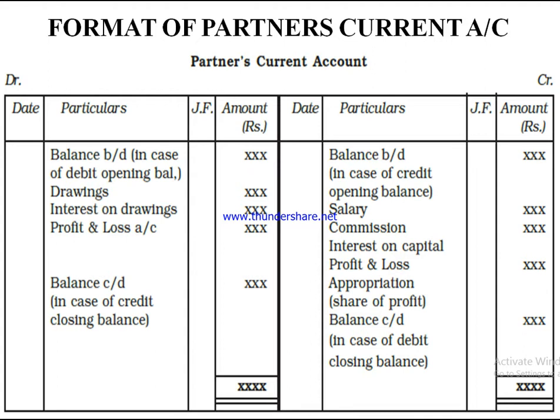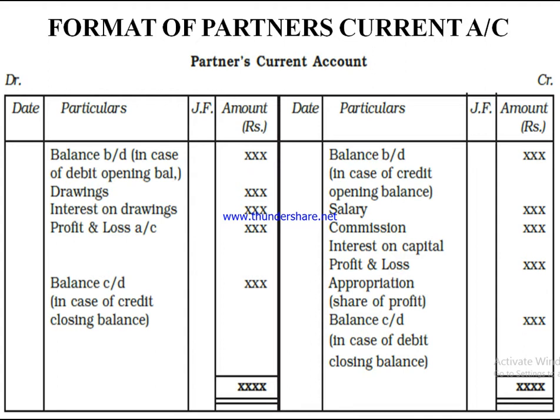Before preparing the partners' current account, we prepare the profit and loss appropriation account. If there is a distribution of profit to the partner, that profit will be shown on the credit side, because profit is beneficial to the partners. Now let's come to the debit side.